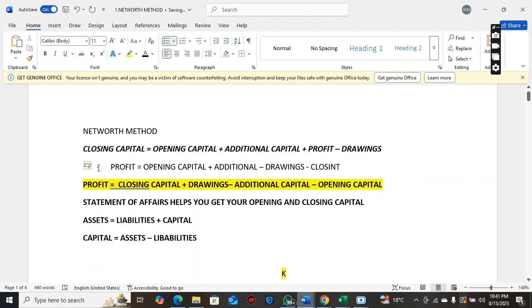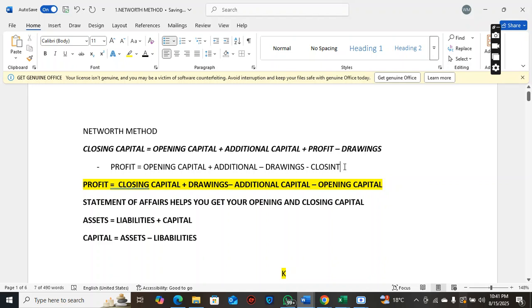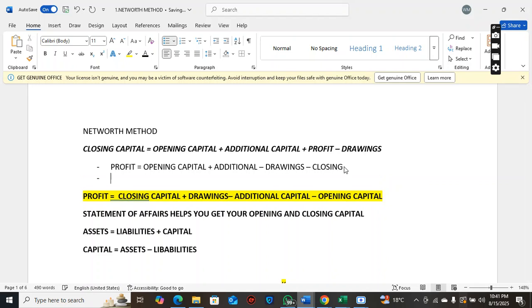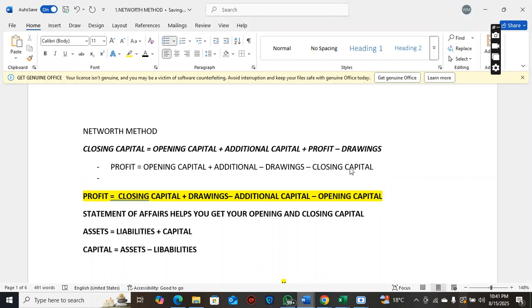Okay. So now, since profit is negative here, you have to make it positive. So it means you have to multiply it by -1, and you have to multiply all of these by -1. So when we multiply everything by -1, profit becomes positive. Opening capital becomes negative.